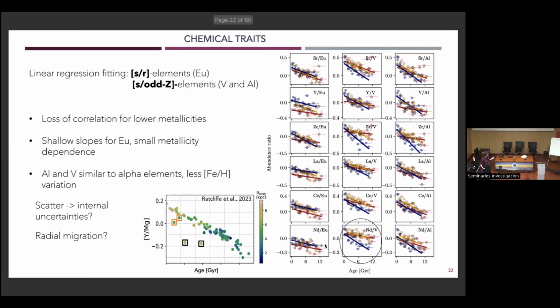But we don't have to forget that these stars have been sampled from different parts of the galaxy, and therefore there's a huge influence from the radial migration. If a star is formed in a zone where the star formation history was different from another area, then the star has been enriched differently.